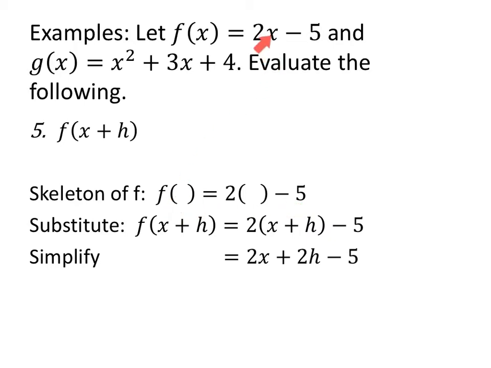Inside this skeleton, I take out the x's, I put in the parentheses, right, the structure. And then I substitute. The x plus h goes in my parentheses on the left, so x plus h goes in the parentheses on the right. To simplify this, I'm going to simply distribute the 2. 2 times x, 2 times h, and don't forget the minus 5 hanging out the back.